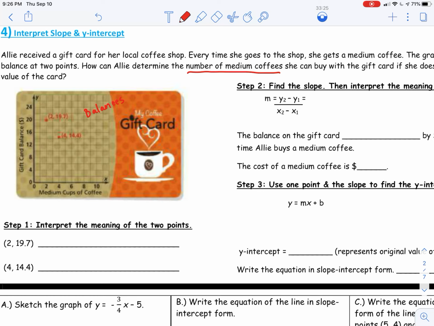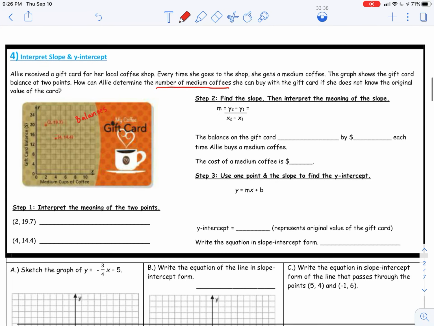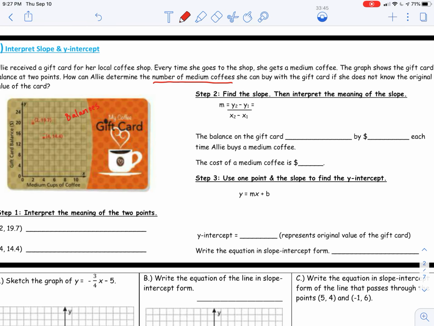Well, that's all well and good, but maybe back in the day, maybe they didn't have phones with push buttons to do that. I don't know. Or maybe somebody just wants the challenge. I know right now we want the challenge. So let's figure out, how can we figure out how many medium coffees Allie can order when she doesn't even know how much is on her gift card?